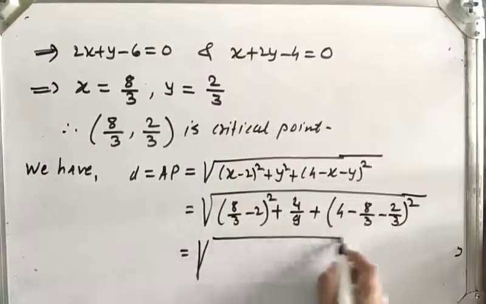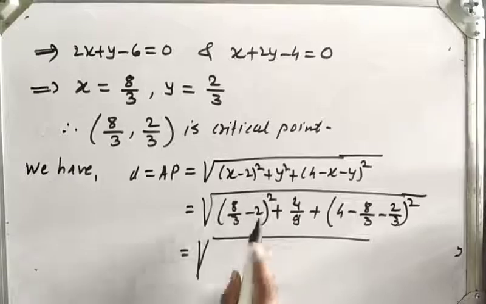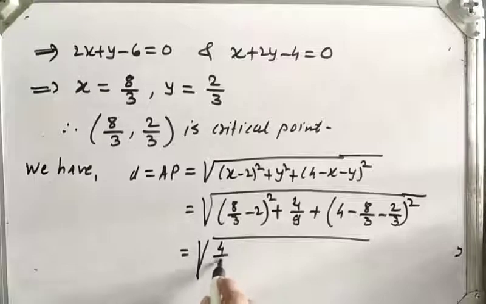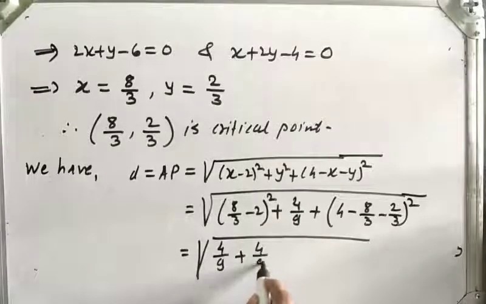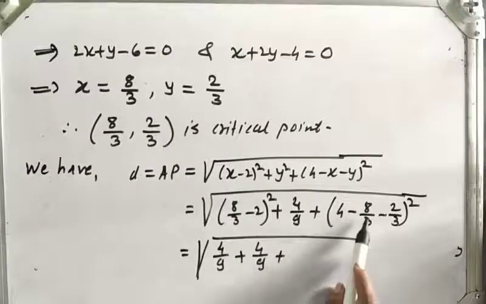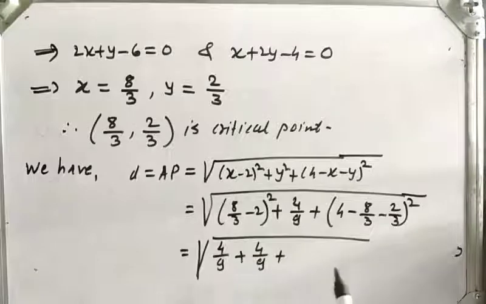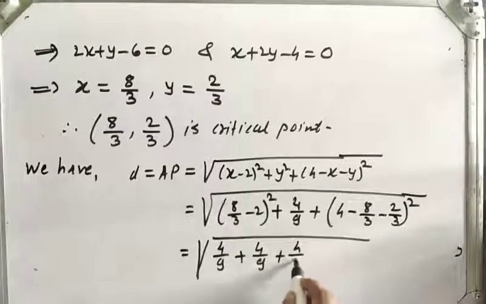So here it will be (2 by 3) square, that will be 4 by 9, here plus 4 by 9, and here 12 minus 8 minus 2, that will be (2 by 3) square, that will also be 4 by 9.